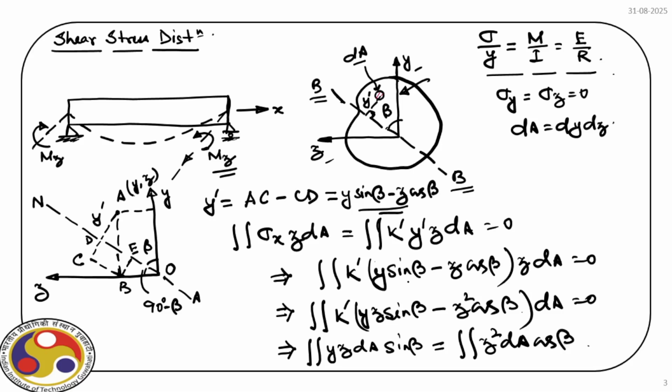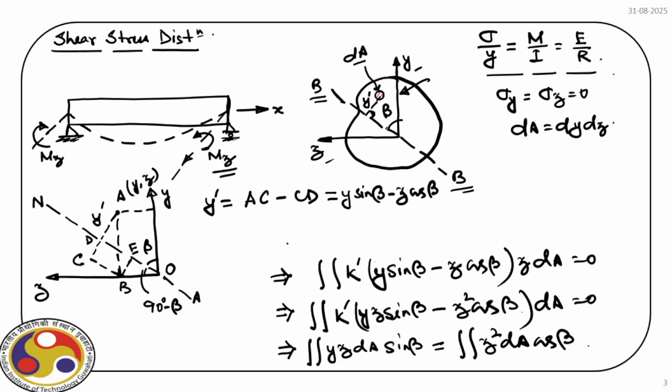This is a very important expression because what next we get is tan beta. So effectively we get tan beta equal to double integral z square dA divided by double integral yz dA.